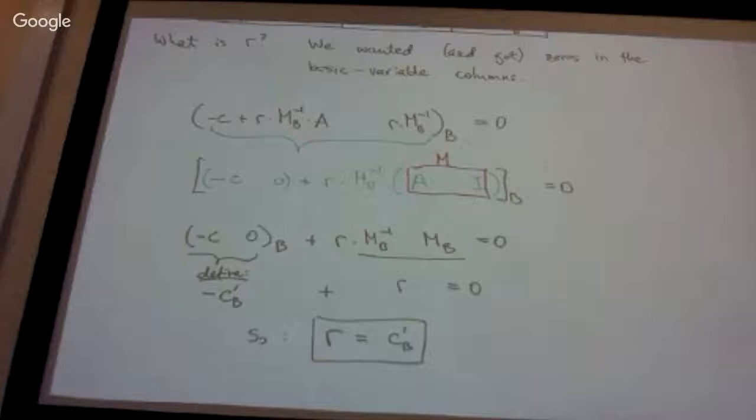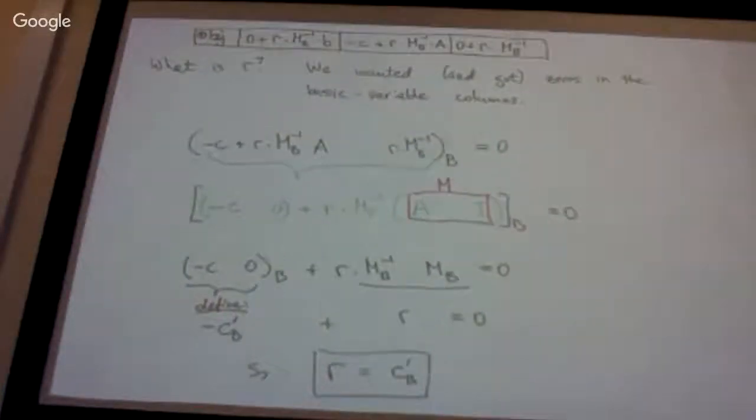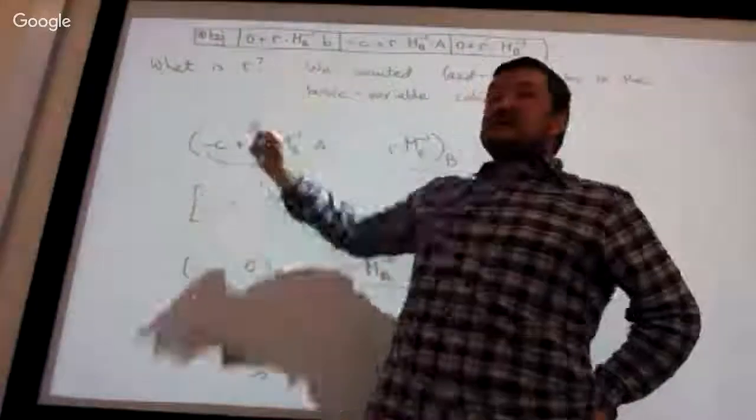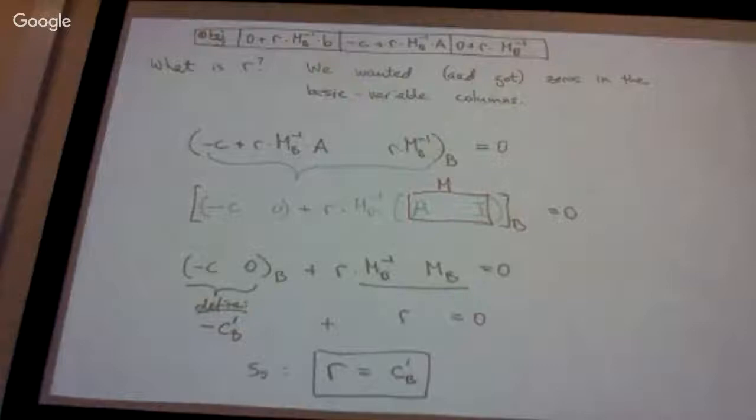So this gives us what we needed. So this gives us that the objective row, well, it's up here. The objective row looks like this, and now we know what R is, so we can conclude what the objective row is.